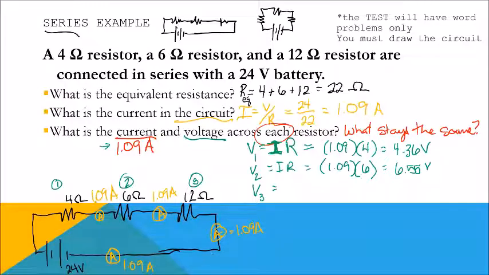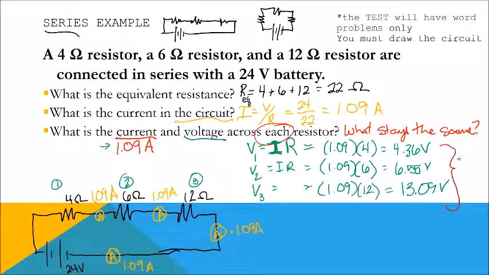For the third resistor, it has the same current as the other two because we're still in series, 1.09 amps, and it has a resistance of 12 ohms, so the voltage drop across that resistor is 13.09 volts. How do we check this answer?